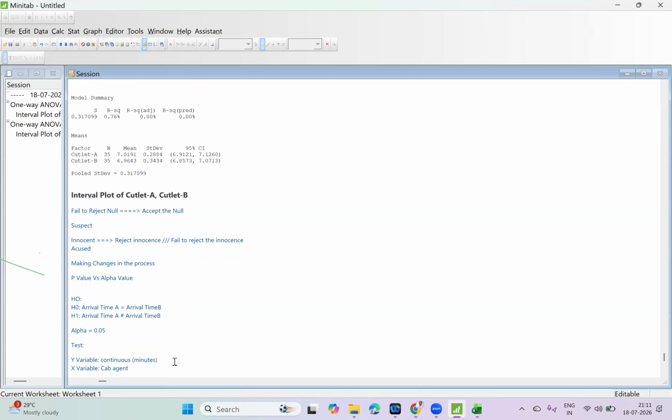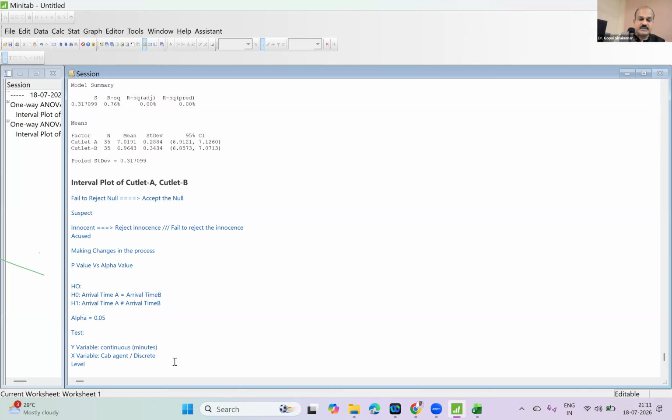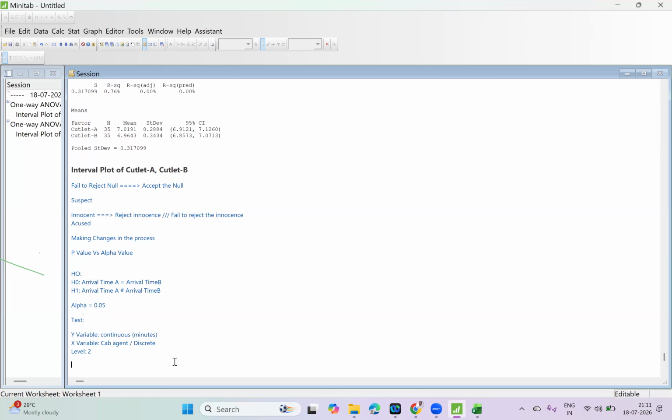Discrete: cab A, cab B. How many levels are available? 2. Now, the exact test you can do is either ANOVA, one way, or since the level is only 2, you can also go for a 2 sample test. Both are the same. Are you with me, all of you?